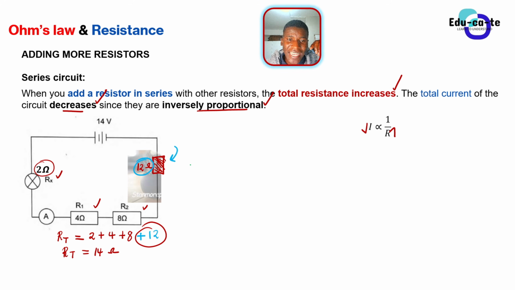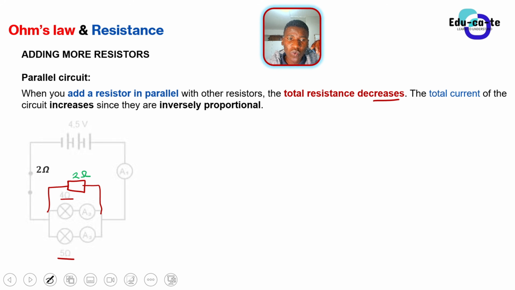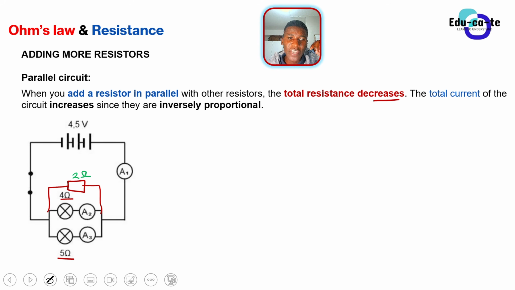When you are adding a resistor in series, you are adding it in this way. It's still receiving the same current as the other resistors. But for a parallel circuit, you will be adding it in this way. And when you add it in this way, this will make the total resistance decrease. Let's just say we find the total resistance here using the two resistors that we had at first, which are 4 ohms and 5 ohms.